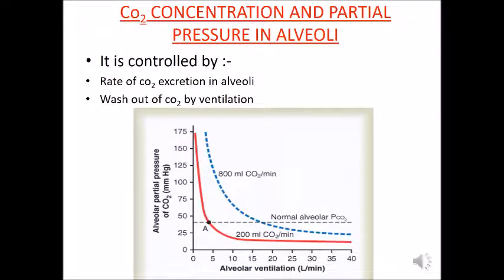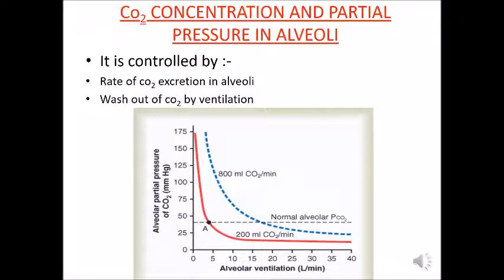Now see the similar graph with carbon dioxide. The carbon dioxide is controlled by rate of carbon dioxide excretion in the alveoli and washout of the carbon dioxide by ventilation. Again, there are two curves. Red curve is a normal curve in resting condition, and dotted blue curve is during exercise condition. On a red curve, the normal operating point is A with alveolar ventilation of 4.2 liters per minute and alveolar PCO2 of 40 mmHg.